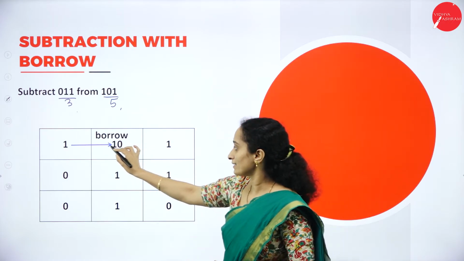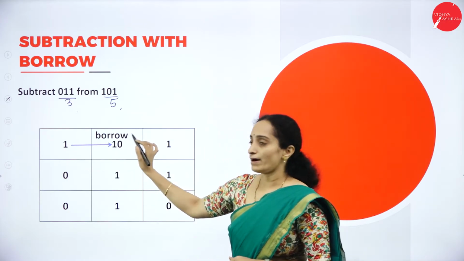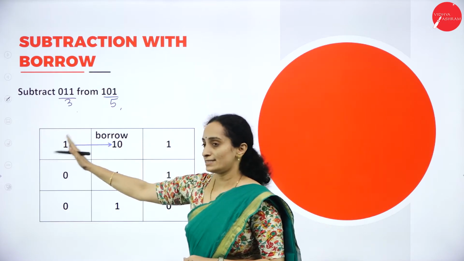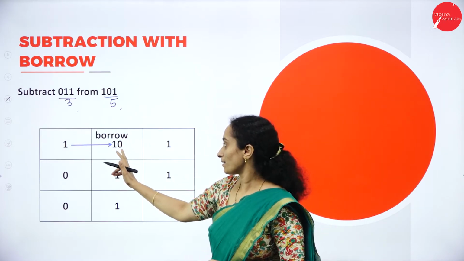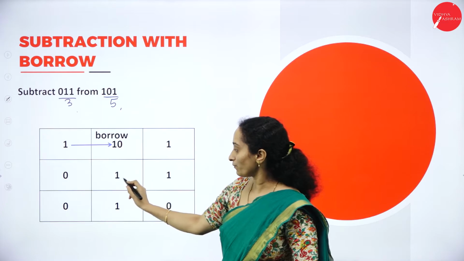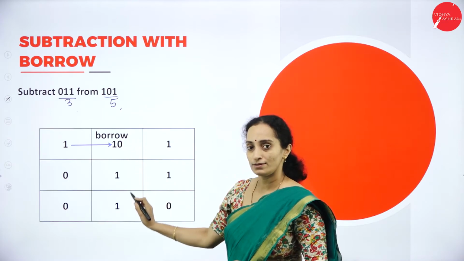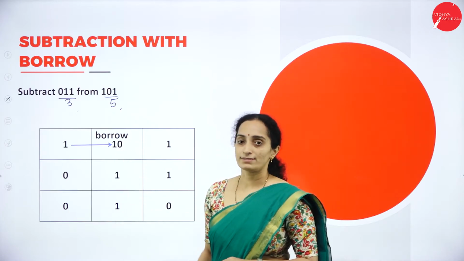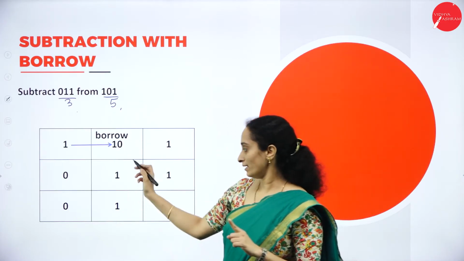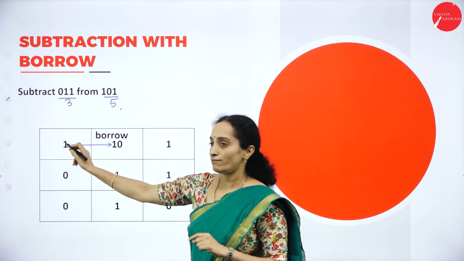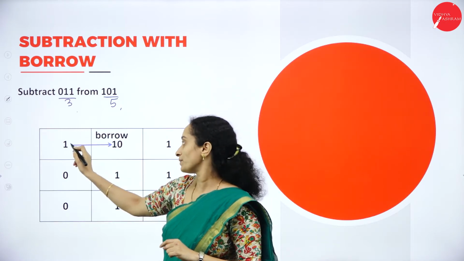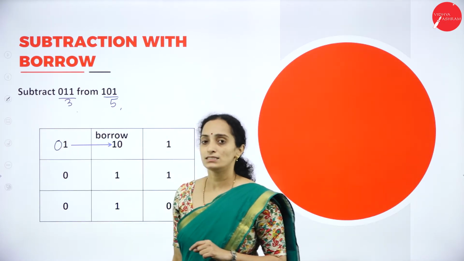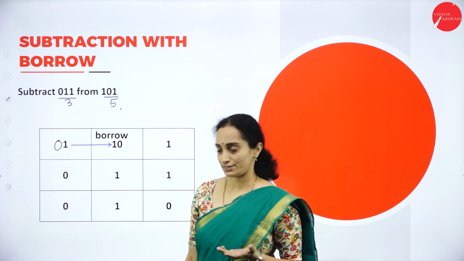How do you subtract this? Take a 1 as borrow from the next number. It will become 1, 0. When you subtract 1 from 1, 0, the result is 1 and the borrow we have is 1. Borrow is 1 and the result is 1. When you have taken 1 from here, there remains 0. There is nothing left in that.